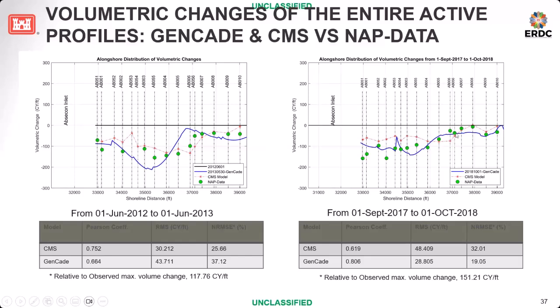So this tells us the volume change estimated by GenCade can be used as a kind of good estimation of a long-term signal, so it can be used for the long-term assessment of the alternatives.